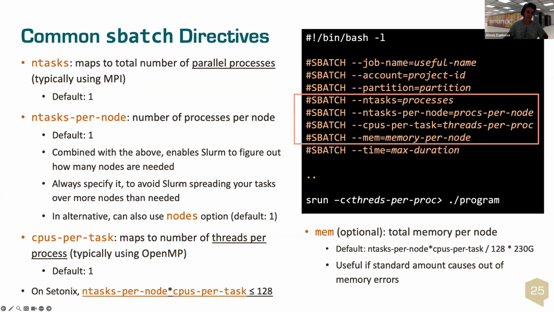There is this other sbatch parameter. You can do #SBATCH --nodes= and the number of nodes you want. So that's another option. There are so many parameters for Slurm. If you go to the documentation, you will see that many parameters.